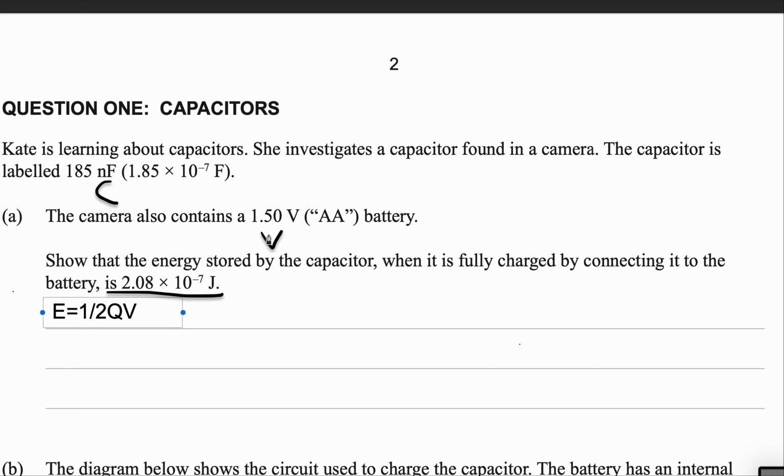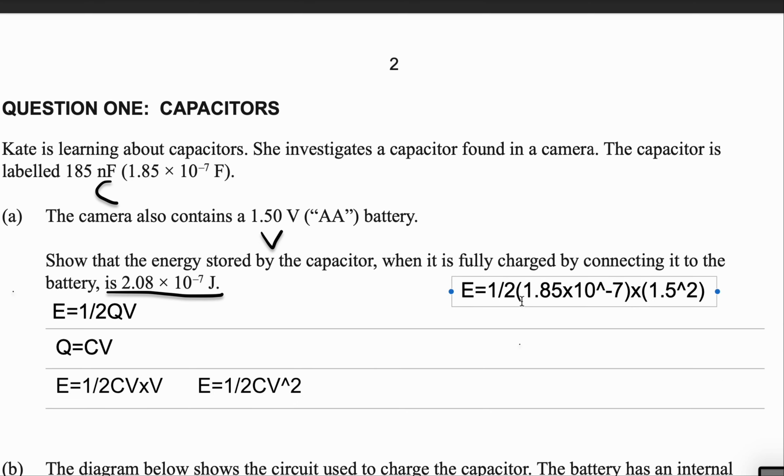Right now we've got the values for V and C. However, this formula requires Q and V. So we plug in our other formula, Q equals CV, and substitute Q for CV in this formula. That means E will now be equal to 1/2 CV squared.